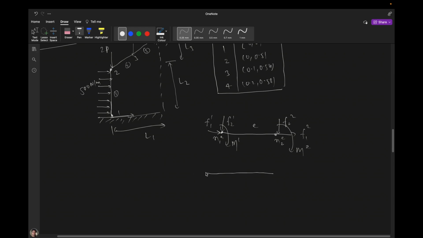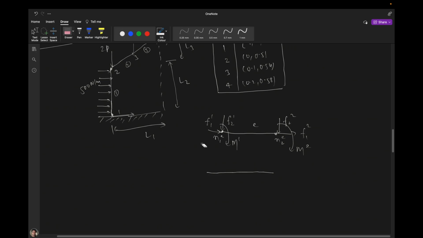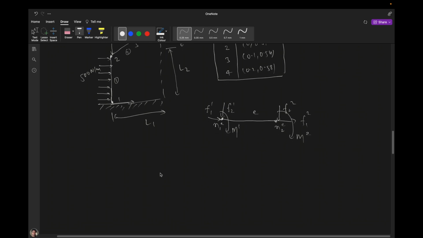If I talk about the displacement for the general element, since in general it will not be in the horizontal direction but can be in any direction, and these are all in the local coordinate axis.